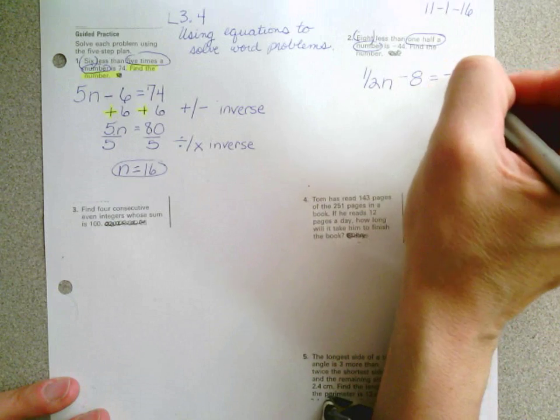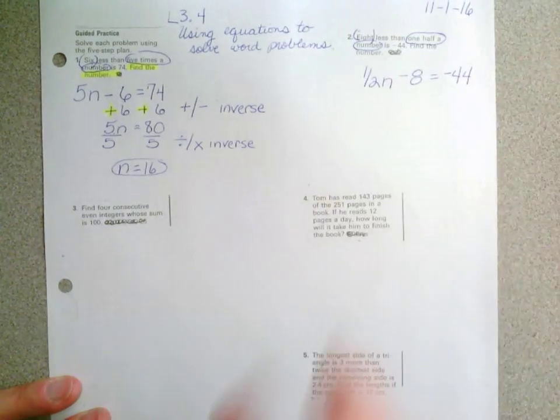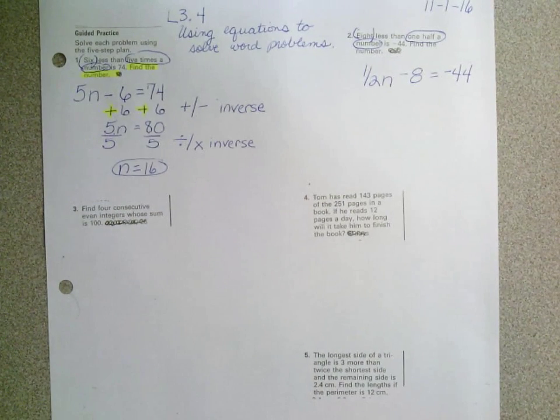All of that is equal to -44. Make sure you're copying this down. I know a lot of it comes intuitively to you, but I want you copying this down anyway.